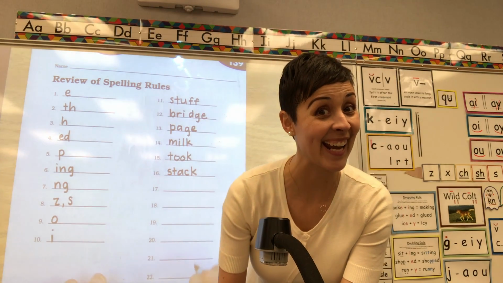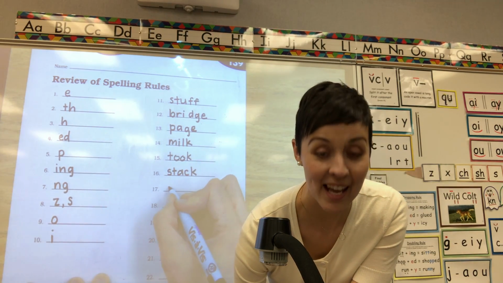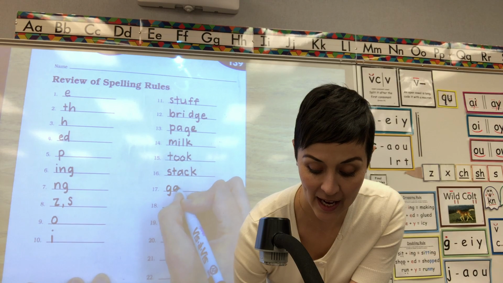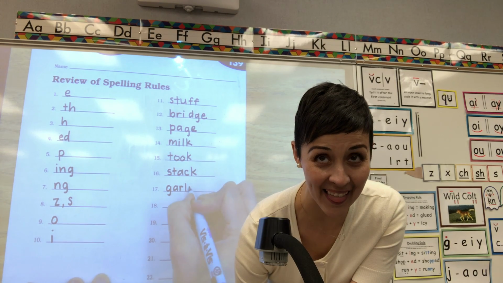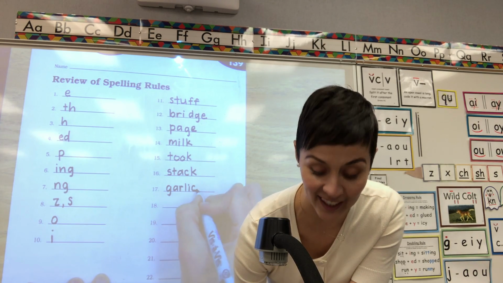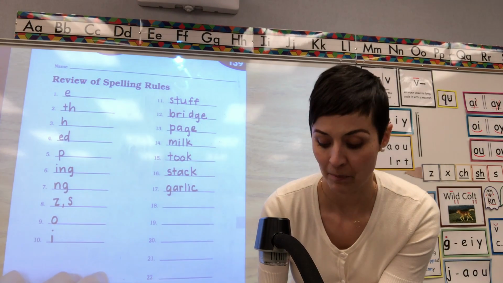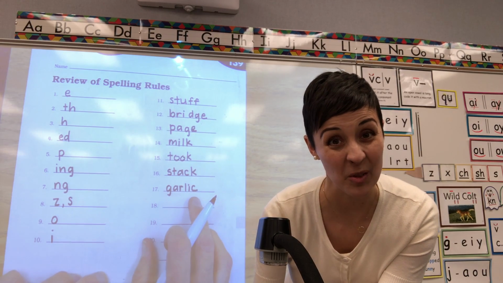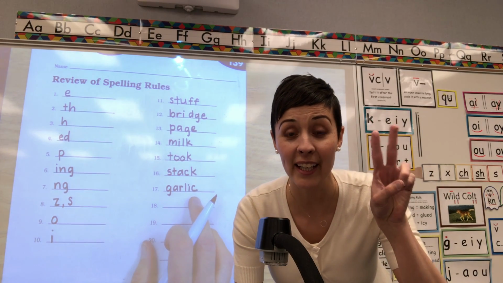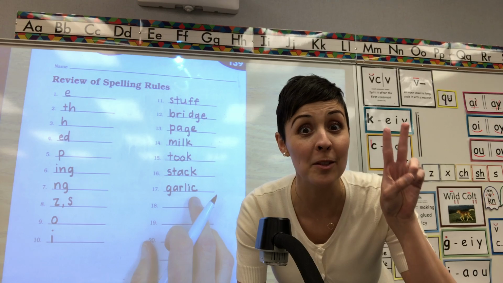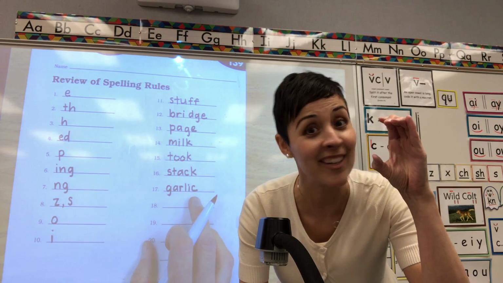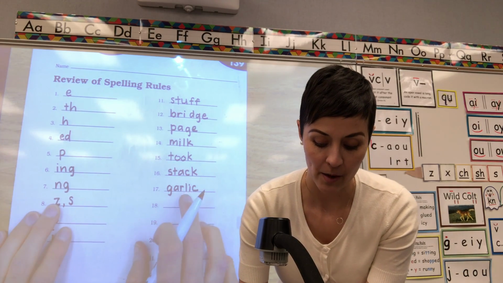Did you get it? Okay, let's spell garlic starting G. Ready? G-A-R-L-I-C. I hope you didn't put C-K after a short vowel because this had 2 syllables. Did you notice? Garlic. After 2 syllables, use a C. So that was a C.